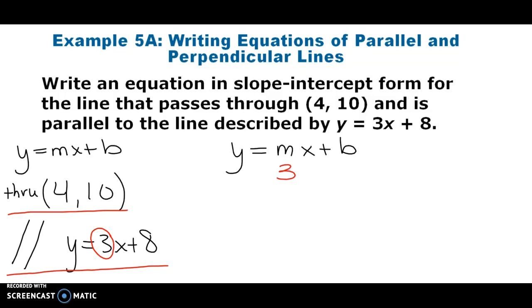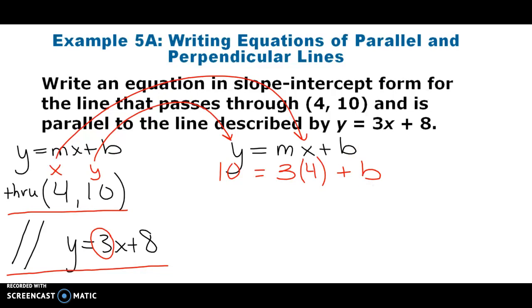So the way we're going to do that, remember, every point is an x value and a y value. So if we want to go through that point, we can plug in those values into our equation. So we'll plug in 4 for x, and we'll plug in 10 for y, and then we're just going to keep b as b.